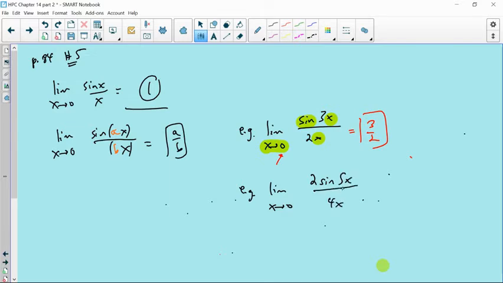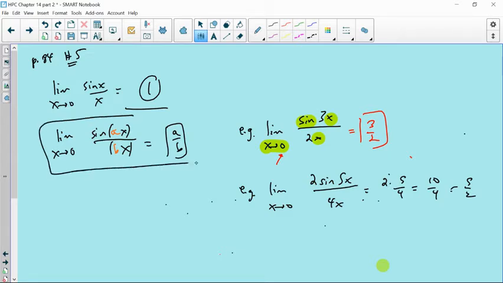Looking at this 5-to-4 ratio, we then take it times 2. So it'd be 2 times 5 over 4, which is 10 over 4, or we could reduce that to 5 over 2. So that's a trig ratio that we should know: the limit as x approaches 0 of sine of ax over bx is equal to a over b.